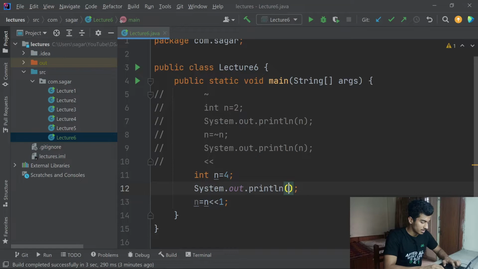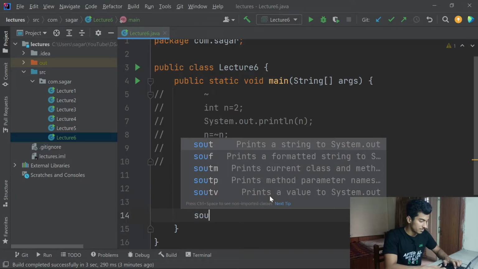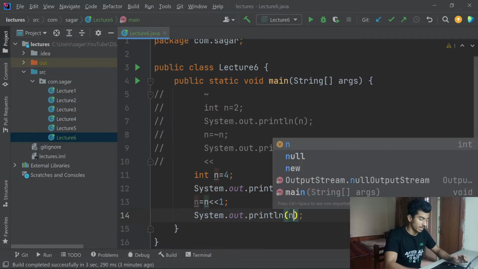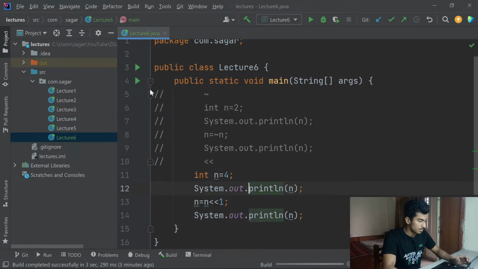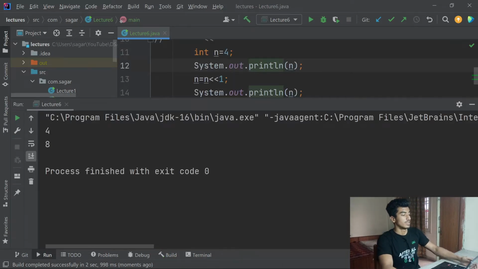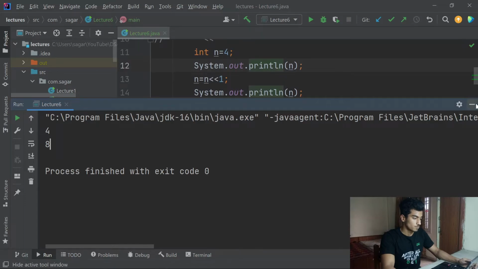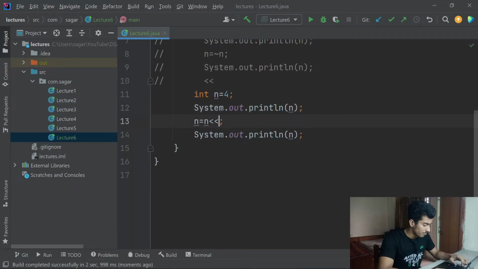Here print n, and after left shifting it 1 time, again print n. As you can see, first our number was 4, and when I left shift it 1 time, the number is now 8. But what happened when I left shift it 2 times?